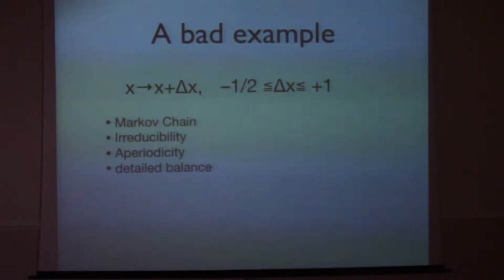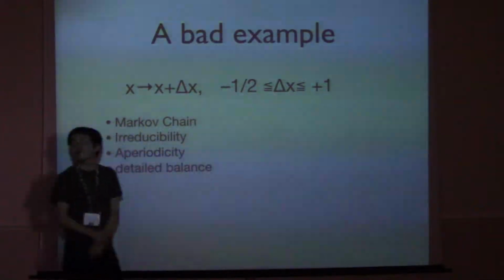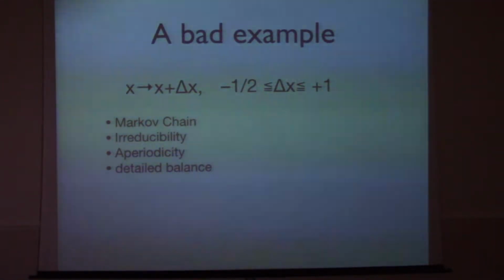And maybe looking at a bad example will help you better understand the situation. What happens? We do the Metropolis test as usual, but take this dx from between -1/2 and 1. There are 4 requirements: Markov chain, irreducibility, aperiodicity, and detailed balance, and which condition is broken?